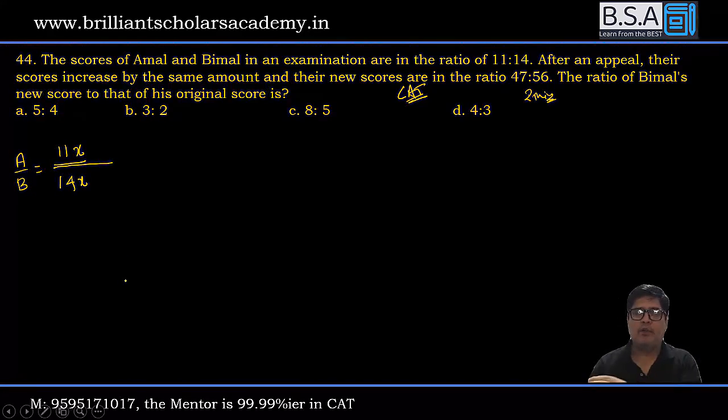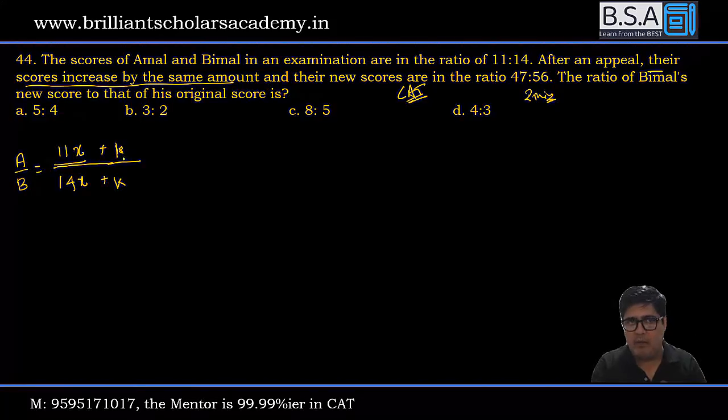Now they both file for re-evaluation. They both say we want an upgraded score. So listen to the language. Their scores increase by the same amount, which would make it plus k and plus k. That is the same amount.